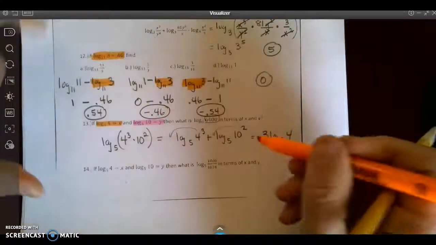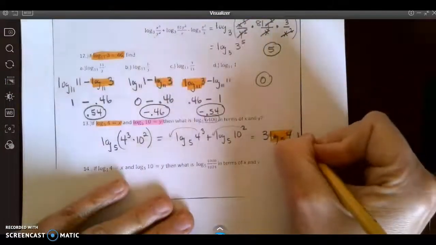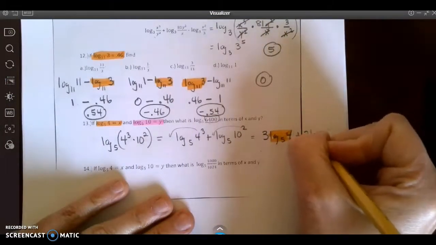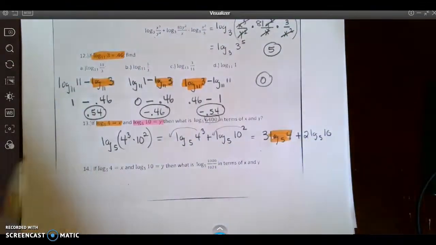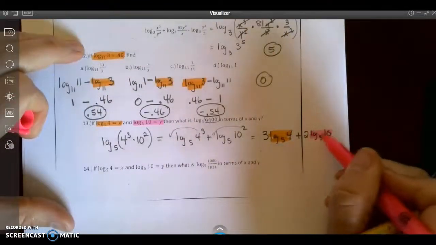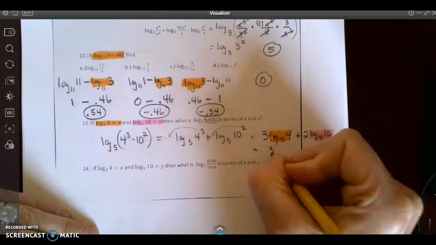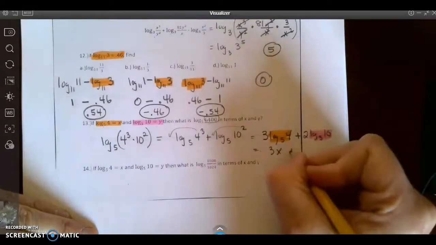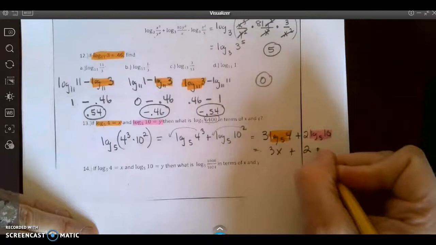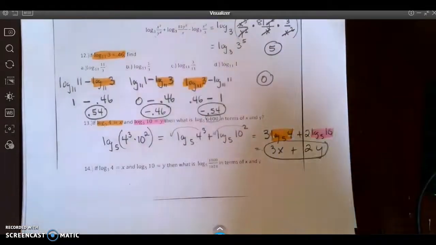There's that log base 5 of 4 that I wanted, plus 2 times the log base 5 of 10. There's that log base 5 of 10 that I wanted. So this becomes 3x, because log base 5 of 4 is x, plus 2y. And that's my final answer.